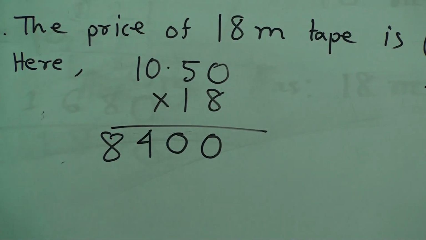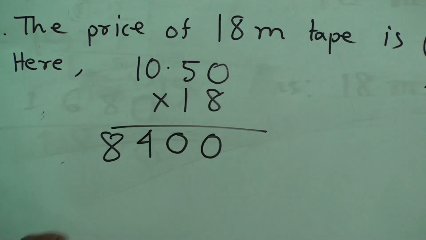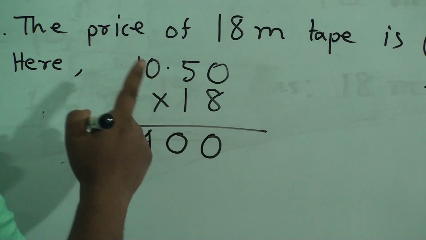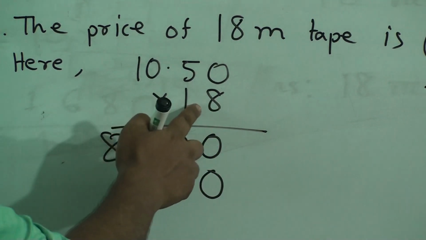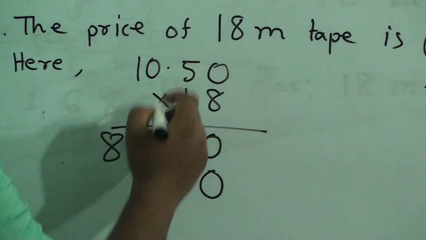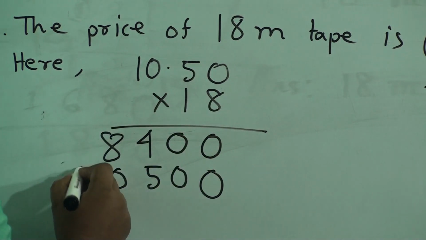I hope you have understood. I write this without considering this point. After that we multiply this 10.50 by 1, as ones place multiplication is done, so we write here 0. Now 0 ones are 0, 5 ones are 5, 0 ones are 0, 1 ones are 1.